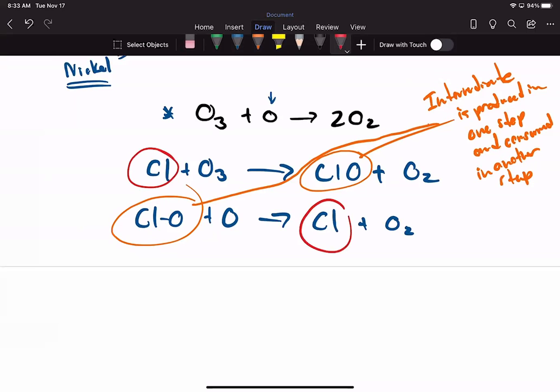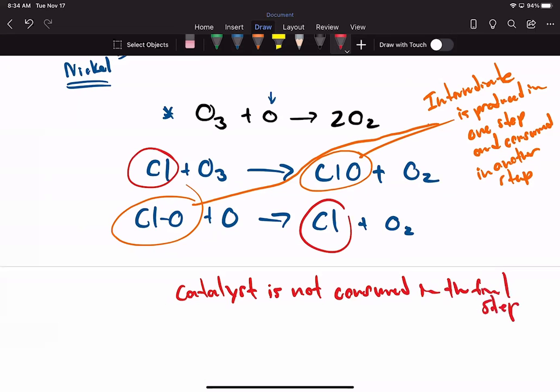But a catalyst is not consumed in the final step, right? We reactivate that catalyst.